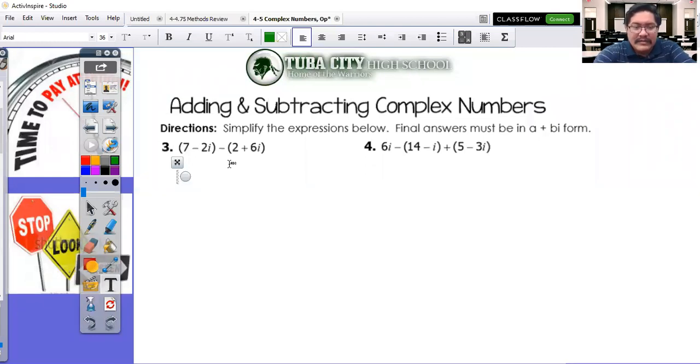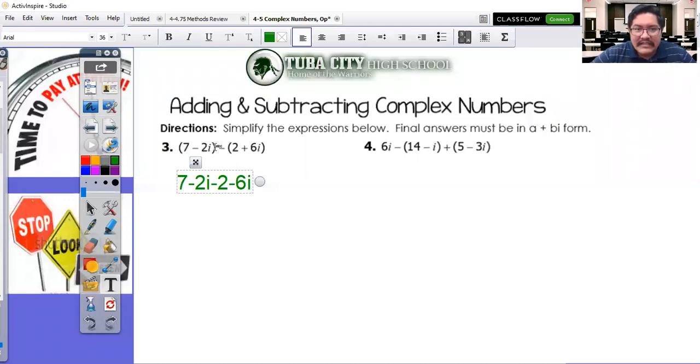All right, so let me go ahead and show you what would be going on. So this first term here, we got 7 minus 2i. But here's where it gets a little bit tricky, because now I have a negative, so that'd be negative 2. So we distribute it like we would any other number, or like if you're multiplying it by negative 1. So that'd be negative 2. And then the 6i would also be negative.